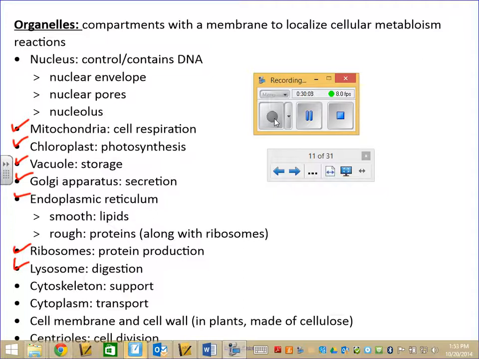All of the organelles, notice, are compartments with a membrane. And the purpose of having all of these organelles is to localize, or maybe I'll say specialize, cellular metabolism reactions. What we're saying is we're trying to make each thing that a cell needs to have happen in a particular place.